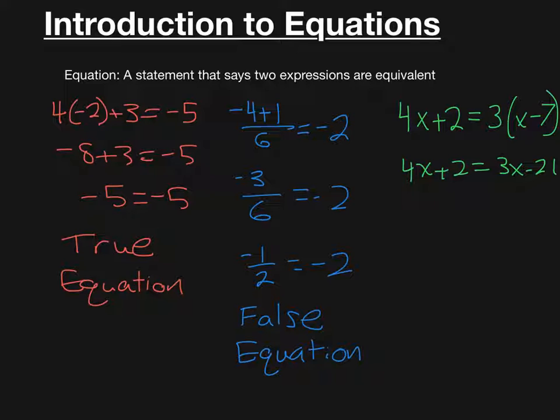So we call this an open sentence. It's open for interpretation. If x is one thing, it could be true. If x is another thing, it could be false. So there are three different types of equations: true, when the two sides are equal; false, when the two sides are not equal; and an open sentence, when we don't know because we have a variable in it.